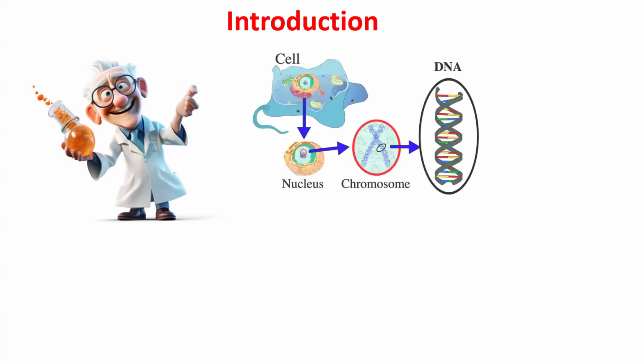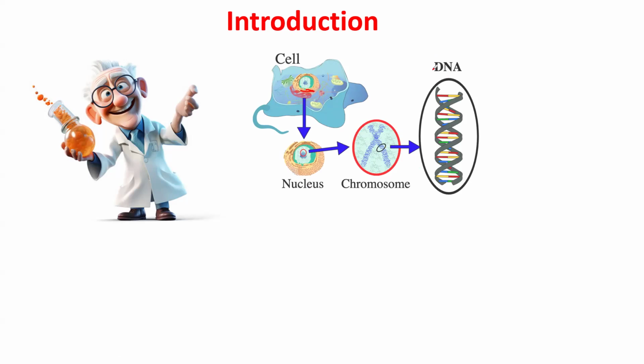As we said, this DNA usually resides in the nucleus of a cell. Here you can see that this is the nucleus of the cell. For you to get the DNA, you need to open up the cell, open up the nucleus, and then open up the chromosomes, from which you are going to get your DNA.